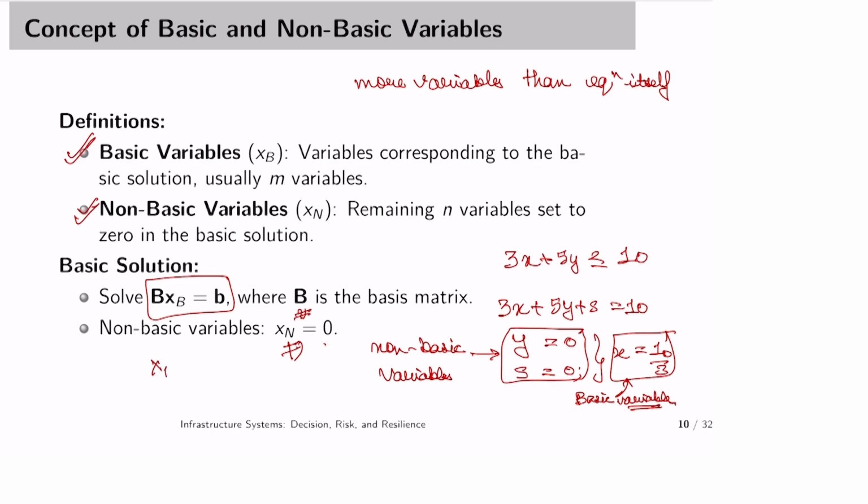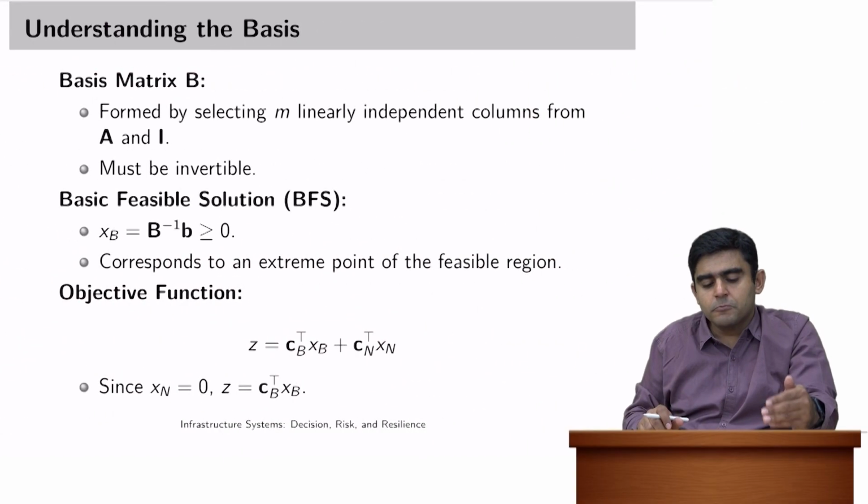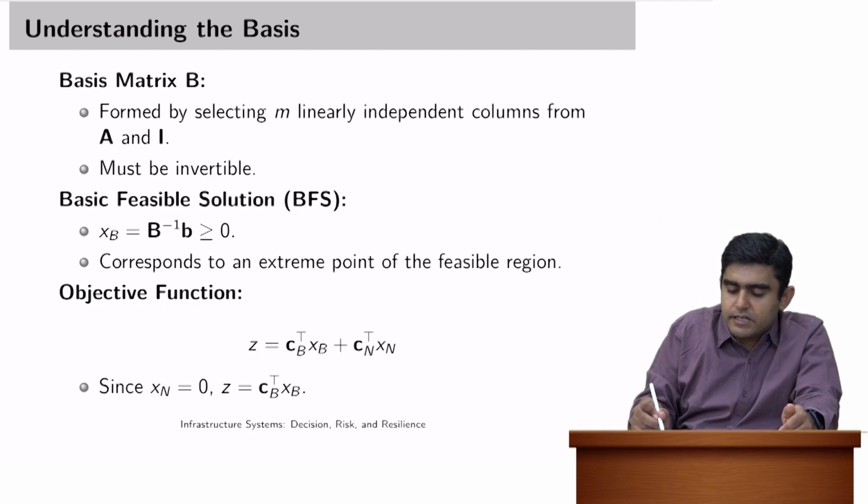So I can easily solve x_B as B inverse times b, which is nothing but essentially separating the variables on one side and finding the values of interest. We will of course deal with this mathematics more clearly, but this is essentially what we will do.